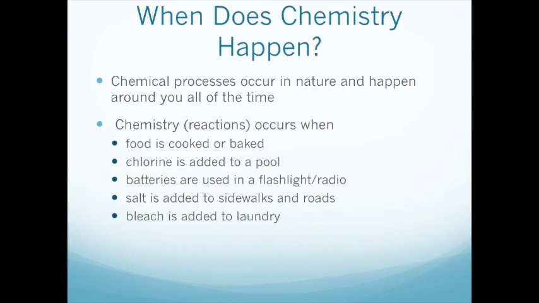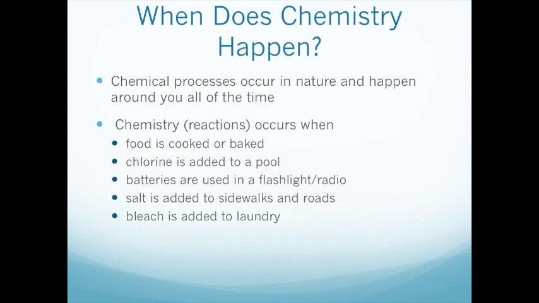So chemistry happens in nature around you all of the time. We can either have chemical reactions that happen spontaneously or happen as a result of a natural process, or we can cause them to happen ourselves, such as when we cook or bake food.